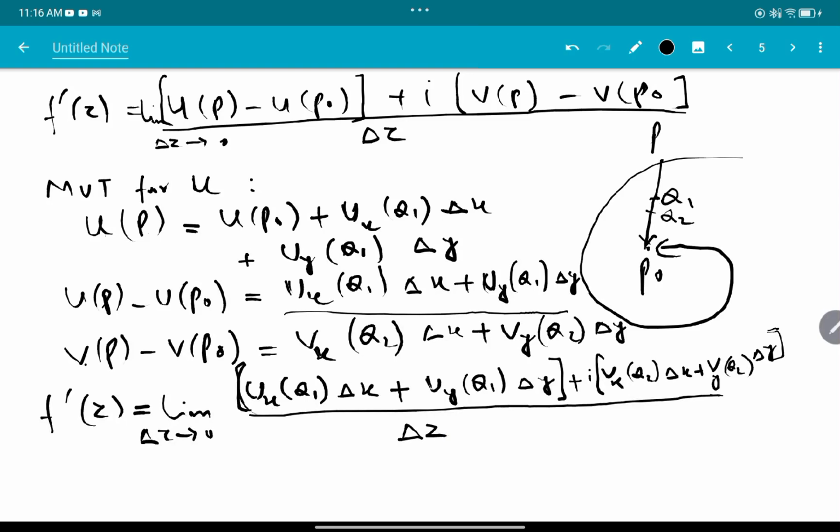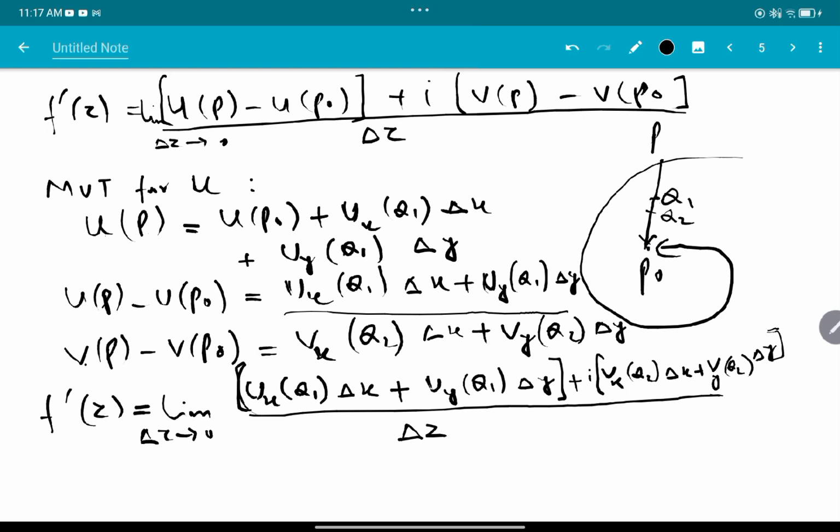Now I am going to break this ux q1 into two parts. Ux q1 is the value of the partial derivative at q1. Instead of writing ux q1 here, I will write ux po here. This means that I will actually be making an error. Of course, we will keep track of that error.